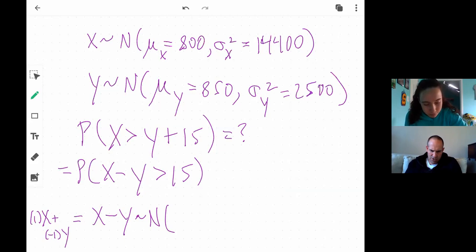So what do I have going on here? This is going to be normal with mean equal to those constants times the respective means. So 800 minus 850, right?